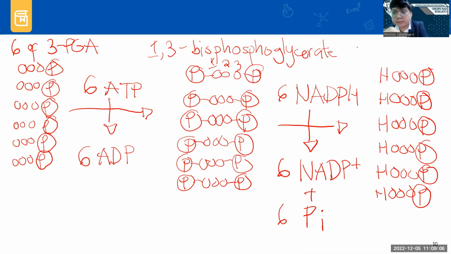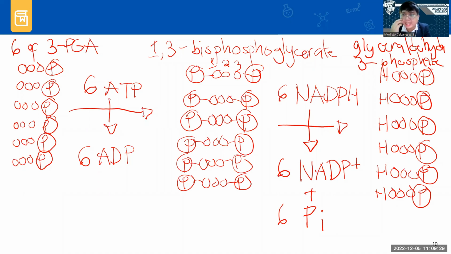Glyceraldehyde 3-phosphate. Ang kanyang acronym is G3P.